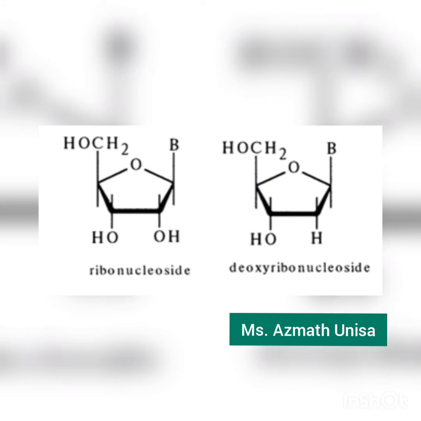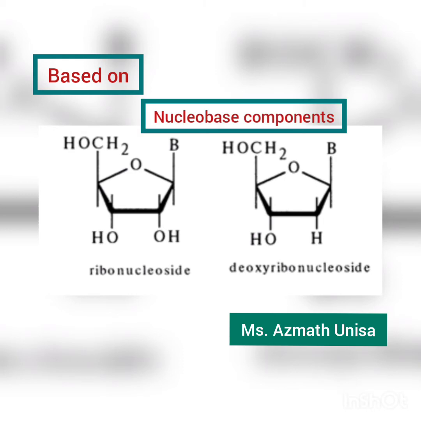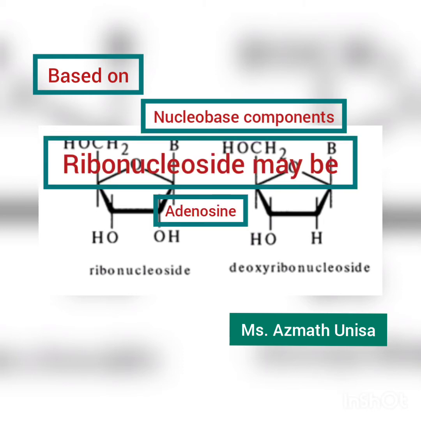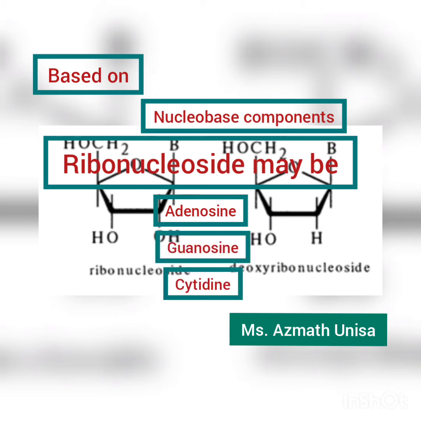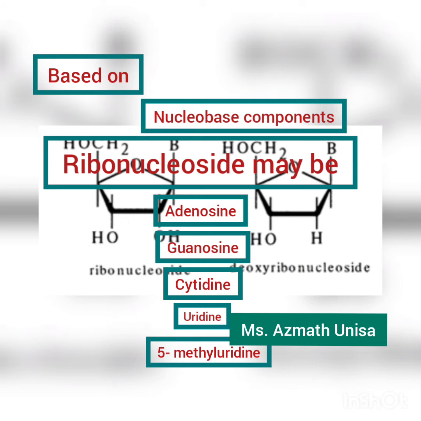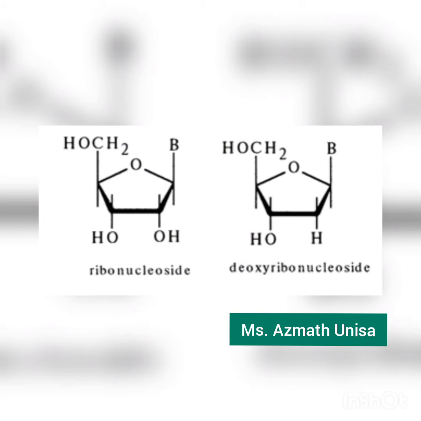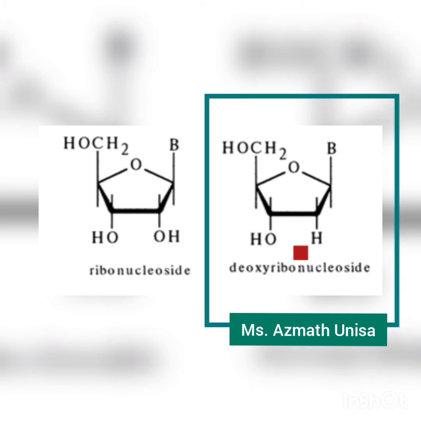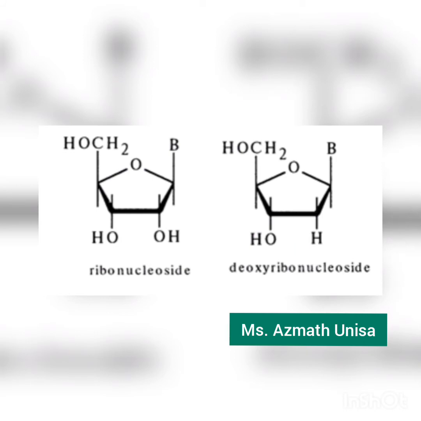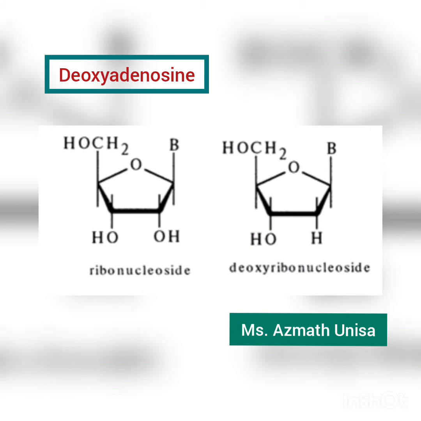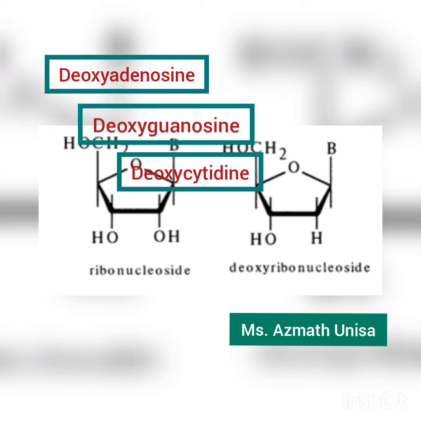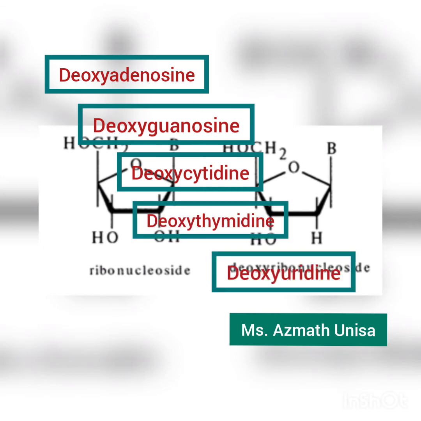Based on the nucleobase component, the ribonucleoside may be adenosine, guanosine, cytidine, uridine, or 5-methyluridine. A deoxyribonucleoside is a nucleoside with a deoxyribose sugar component, and based on the nucleobase it may be deoxyadenosine, deoxyguanosine, deoxycytidine, deoxythymidine or deoxyuridine.